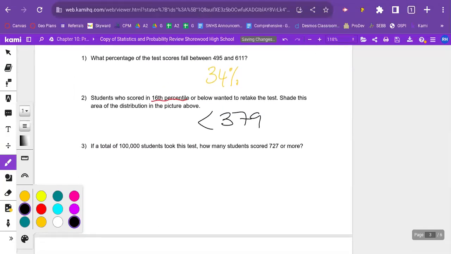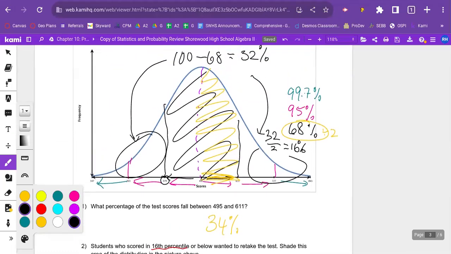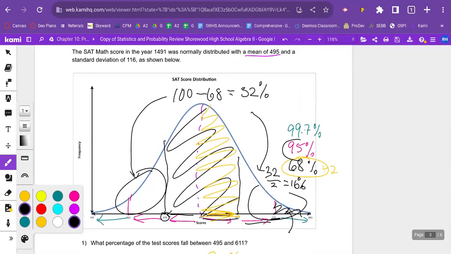If a total of 100,000 students took the test, how many of the students scored 727 or more? So 727 is right here. So if I'm looking for this little value, that means that I'm going 2 standard deviations away, which means I'm looking at the 95%. So if it's 95% for both of these little regions, then I can take 95 from 100 and get 5%.